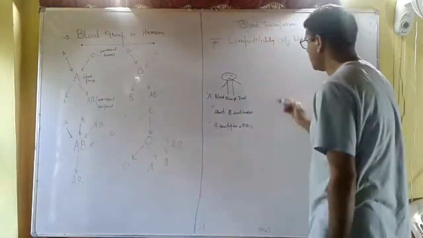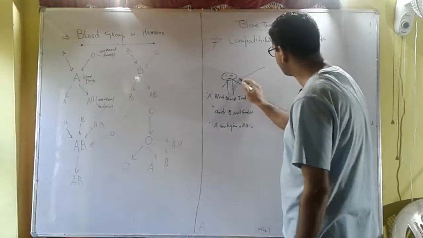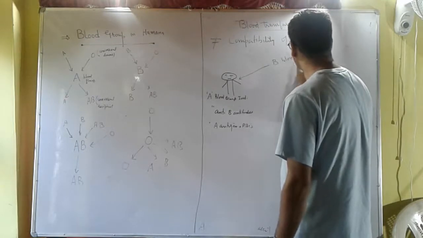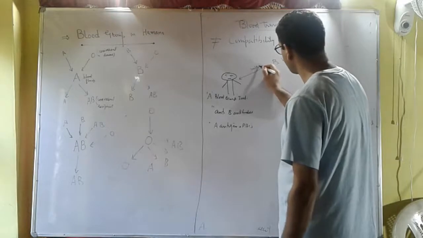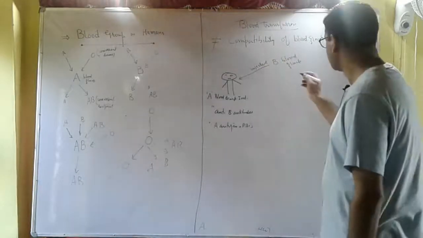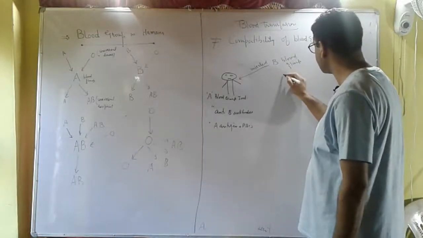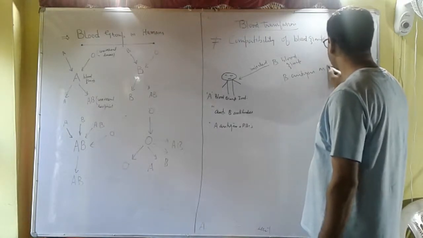Now, if in this A blood group individual, we introduce B blood group, what will happen? This B blood group individual obviously has B antigen on RBCs.